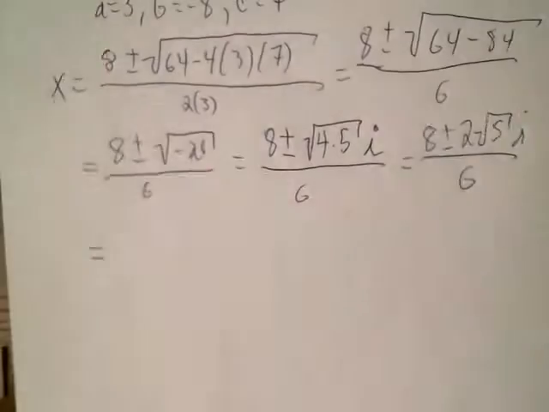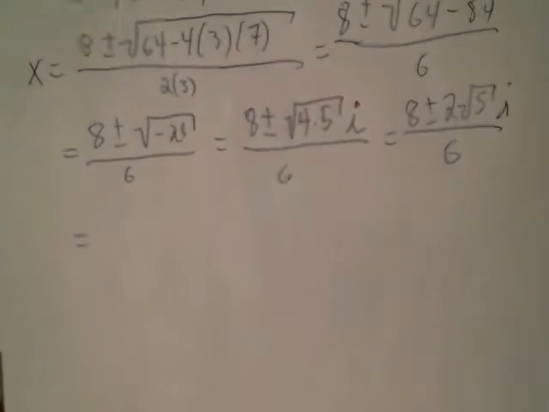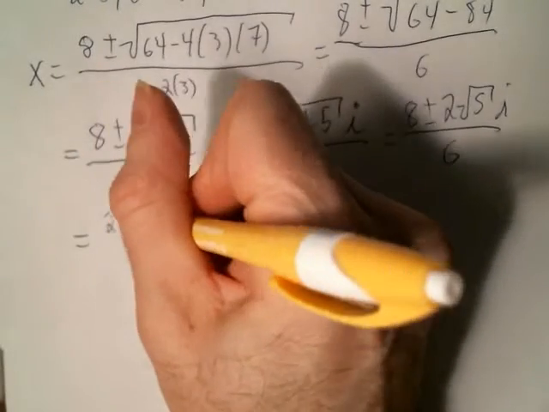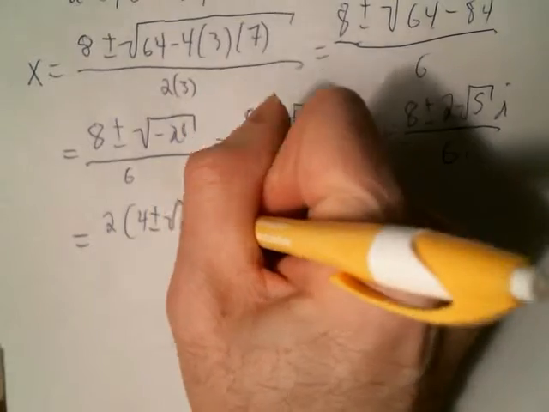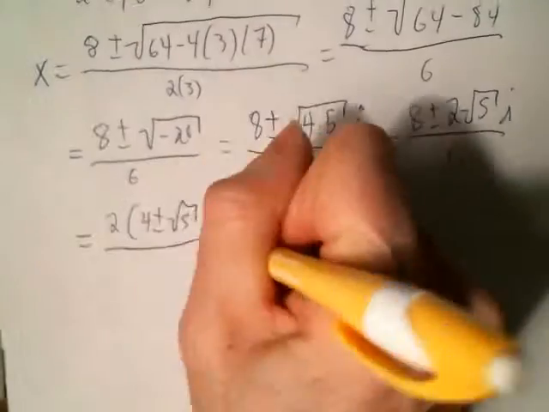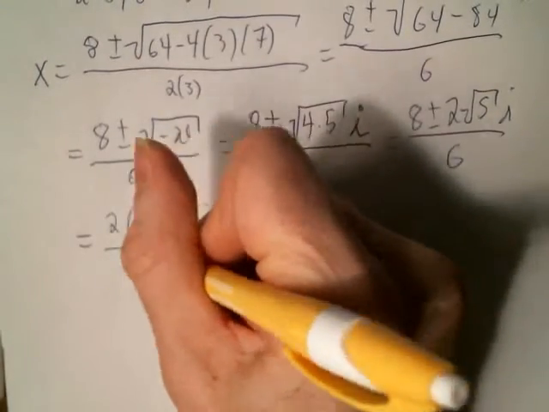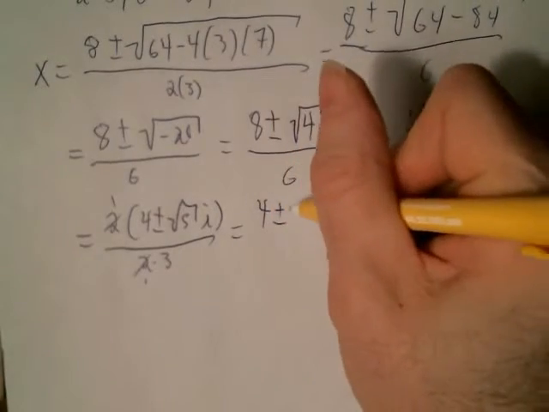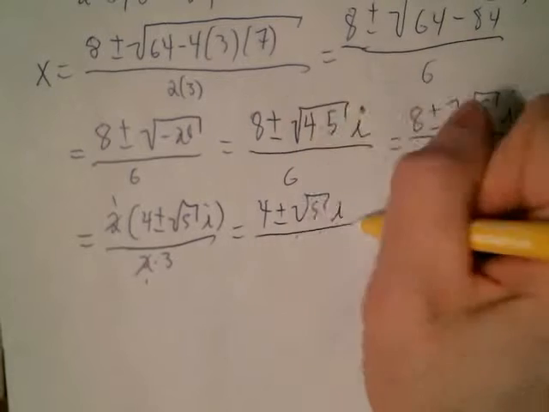And then finally, we could factor the numerator and denominator. I could factor a 2 out of this expression, so I'll have 2 times 4 plus or minus root 5 i. 6 is 2 times 3, so you can remove the 2's, and you get 4 plus or minus radical 5 i all over 3.